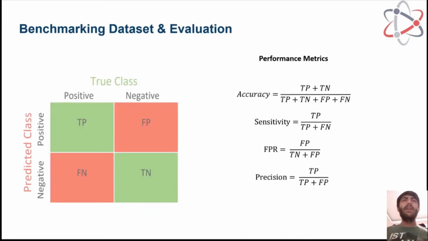How we can evaluate the intrusion detection system is, if we assume we have a binary classifier, there are 4 possible options: true positive, false positive, false negative, and true negative. If we have a malicious message and our IDS identified that message as malicious, it's true positive.